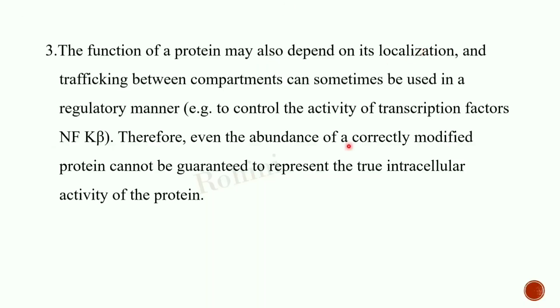When there is an incoming antigen, IkB is removed, and NF-kappa B is now active and located in the nucleus. There it interacts with the DNA and allows transcription. So the protein function, its localization, and its trafficking between the compartments also have to be analyzed.